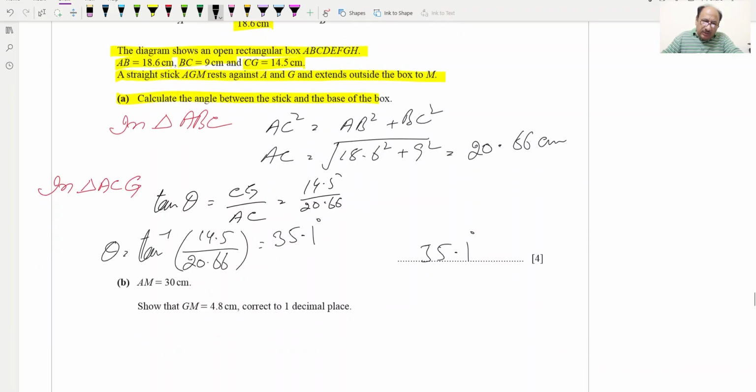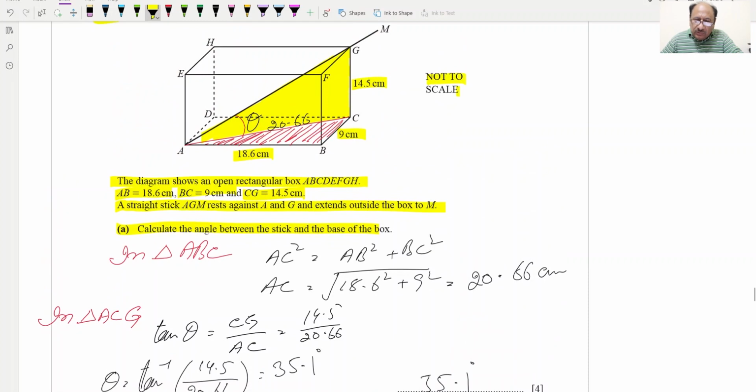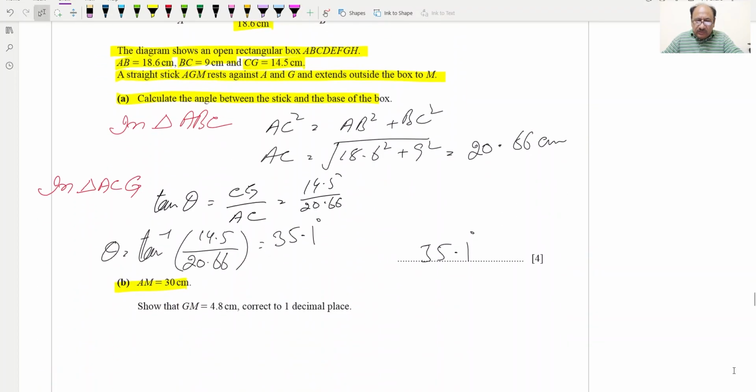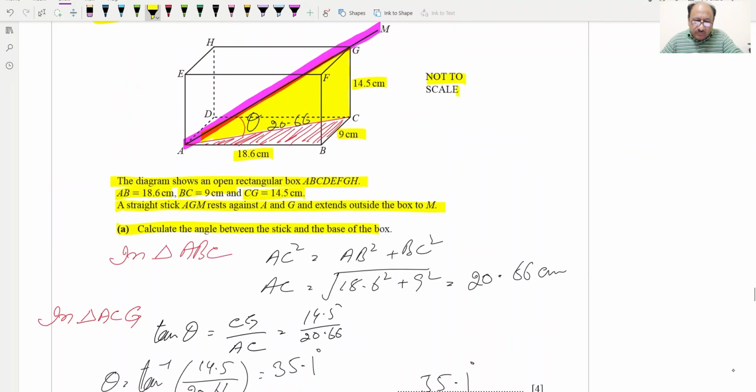And next, AM is equal to 30. The complete length AM is 30, and they are saying show that GM is equal to 4.8, correct to 1 decimal place.